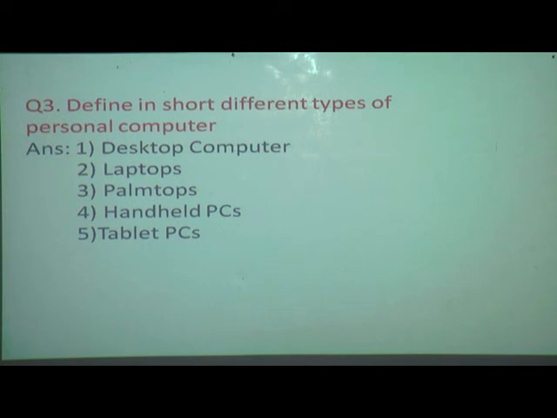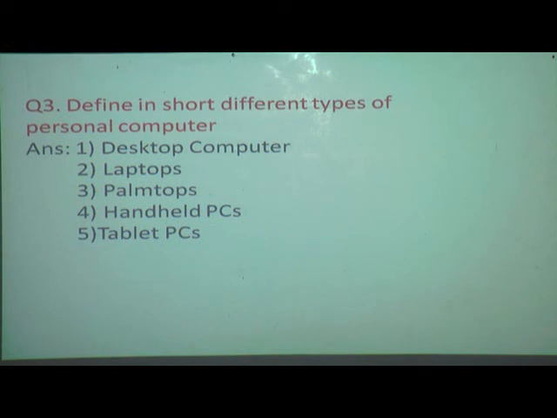Next is a palmtop. Palmtops are also known as personal digital assistants, and these computers are called palmtops as they fit into our palm. Next is a handheld. Handheld PCs are extremely small in size compared to laptops.